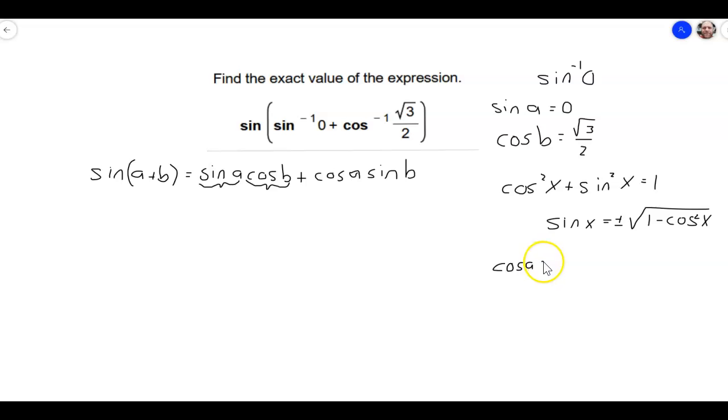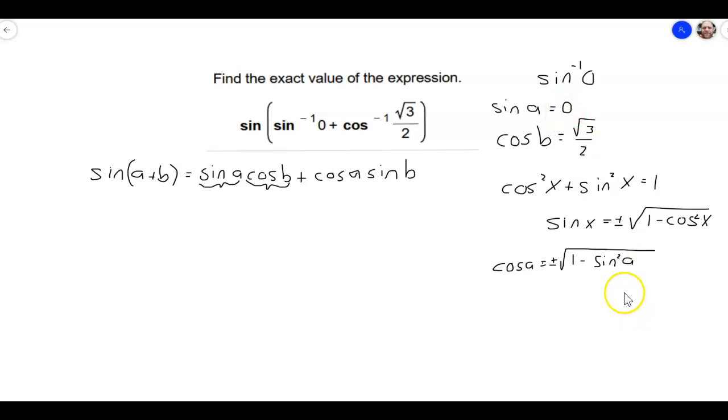The cosine of A should be equal to plus or minus the square root of 1 minus, oh, that should be sine, I can't write today, sine squared of A. Well, I know what sine of A is.